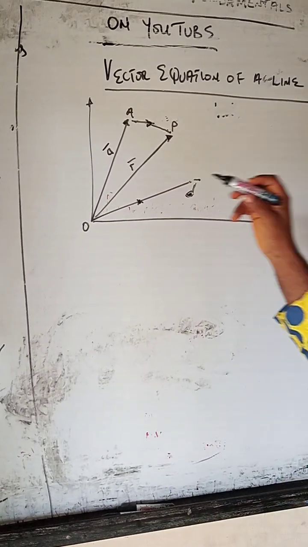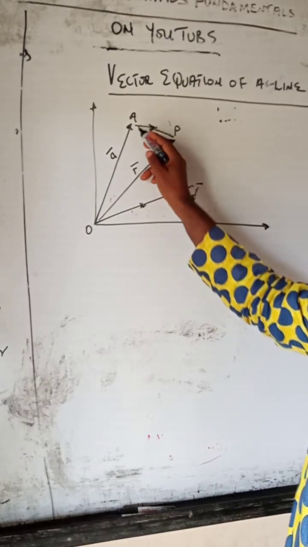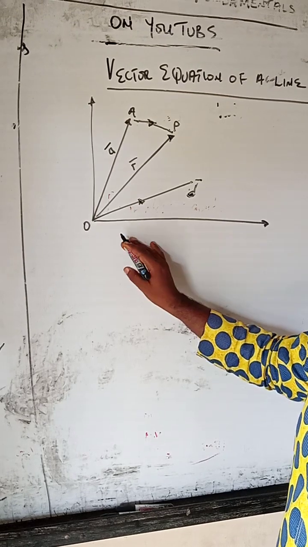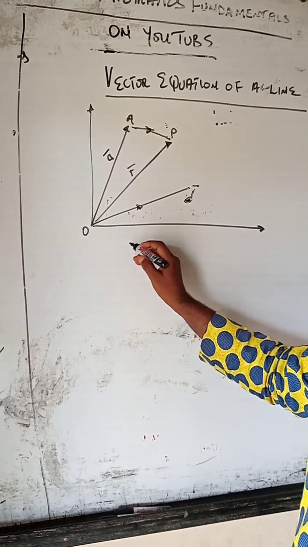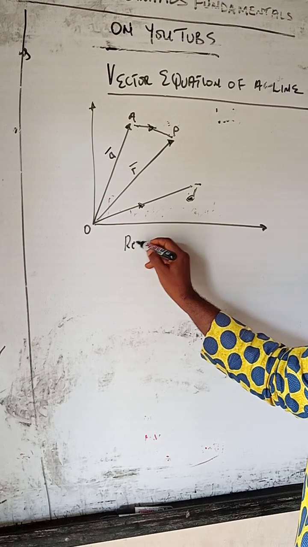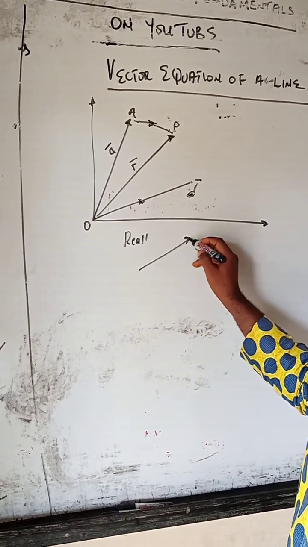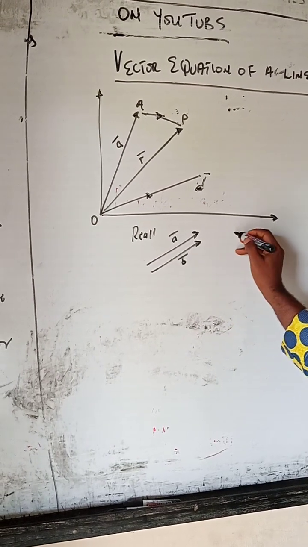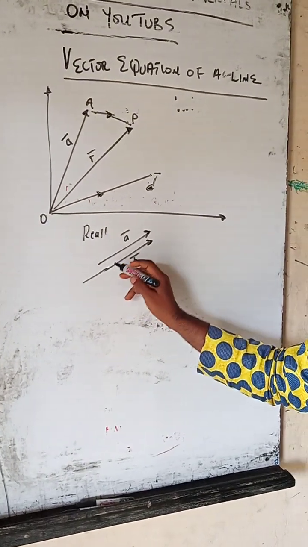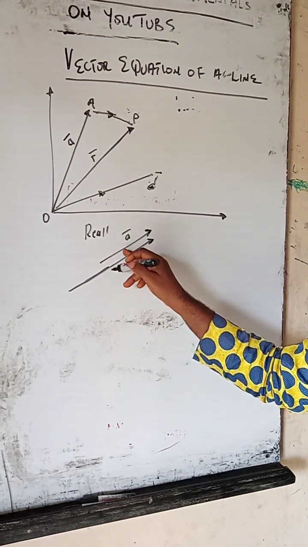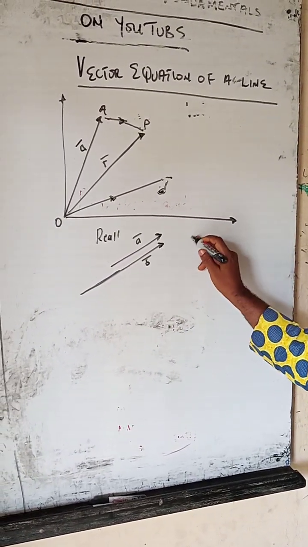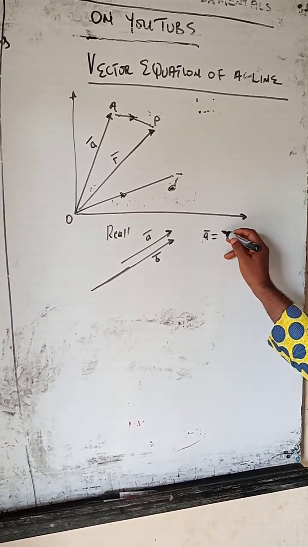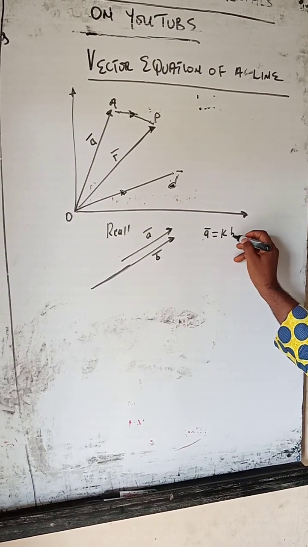Now, if AP is parallel to OD, according to the relationship between parallel vectors, recall that if vector A is going to be parallel to vector B, then that means A and B can be related to one another. If this is B, this is A, then A can be related to B with a scalar multiplication of B.